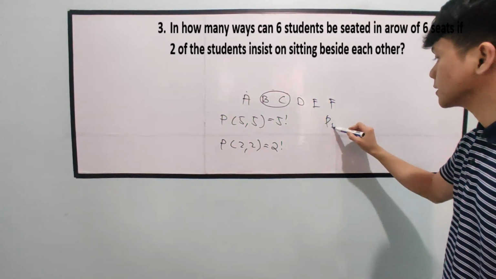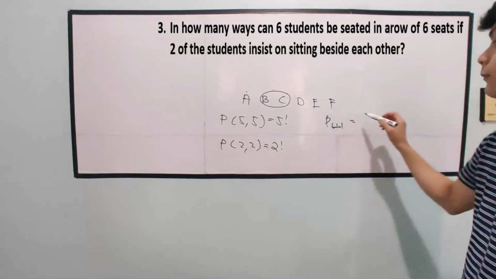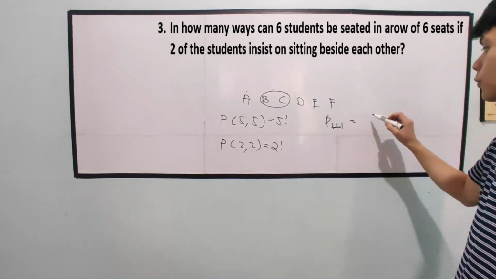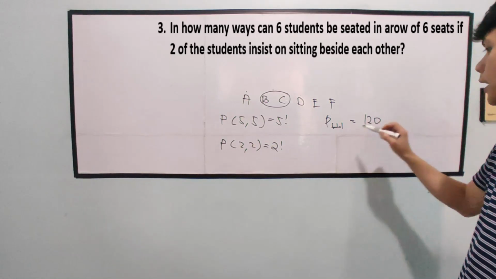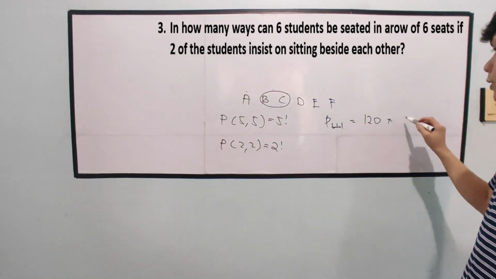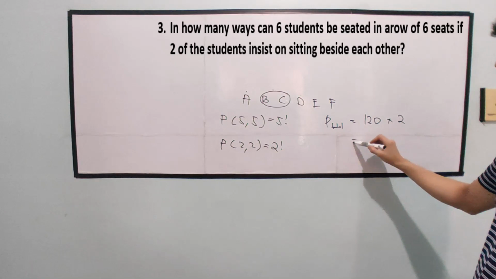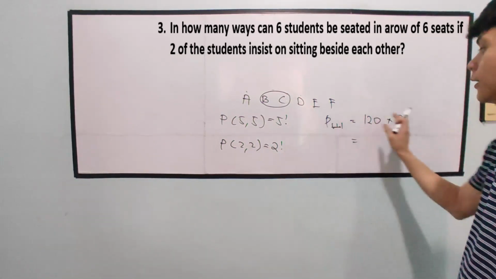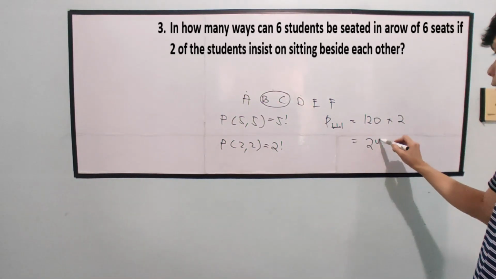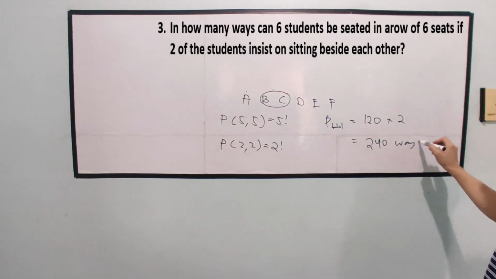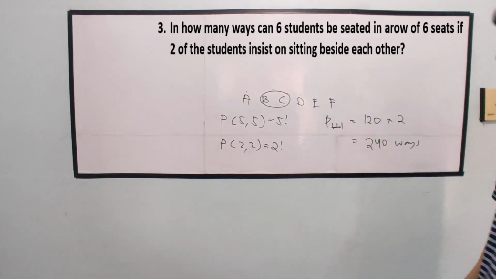So, the total is 5 factorial, which is equal to 120 times 2 factorial, which is equal to 2. Okay? Multiply lang natin. Final answer is 240 ways. So, meron tayong 240 ways.